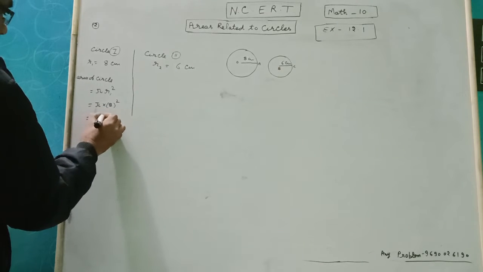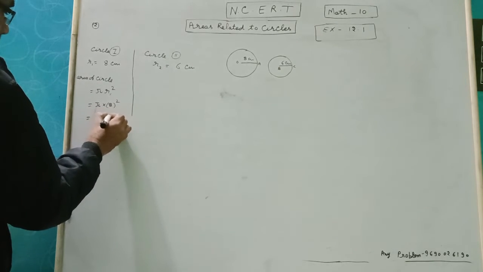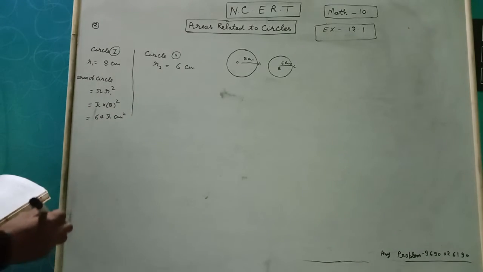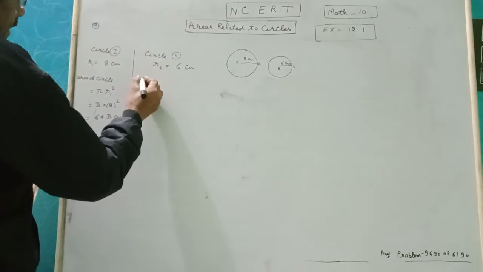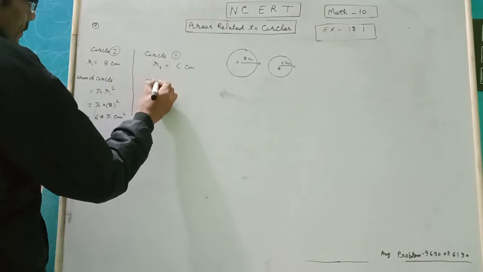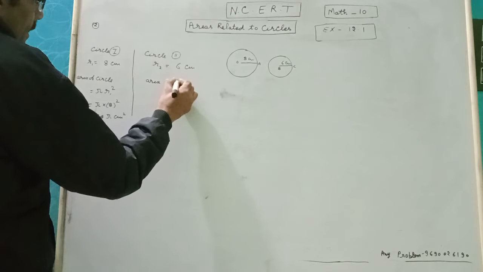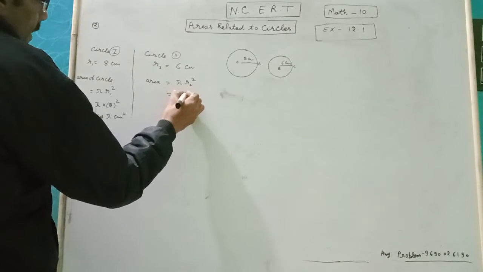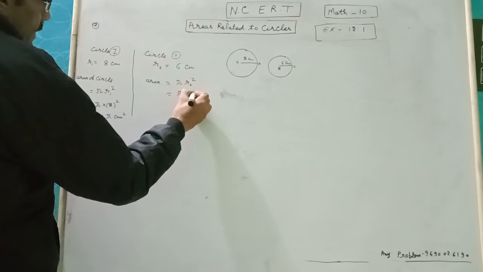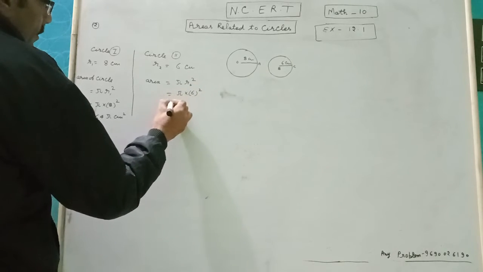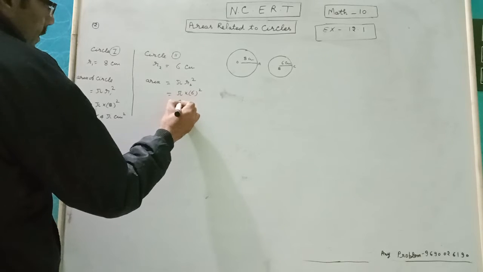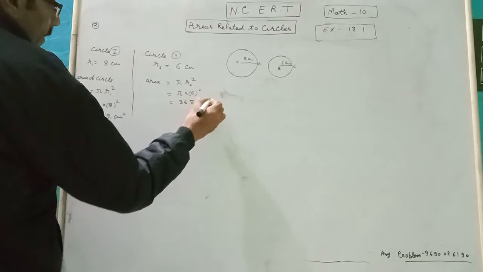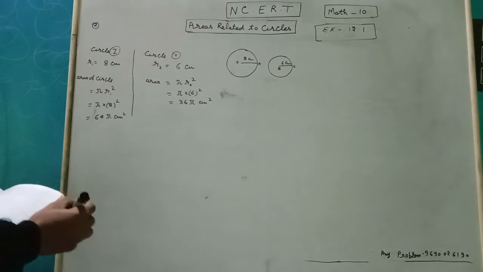After squaring, 8 squared is 64, so 64 pi cm square is the area of the first circle. The area of the second circle is pi r2 square, where r2 is 6. After squaring, 36 pi cm square is the area of the second circle.